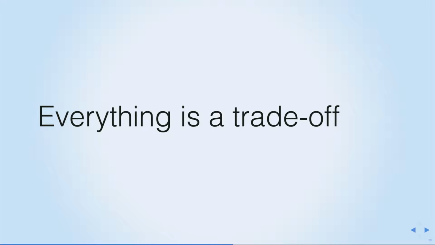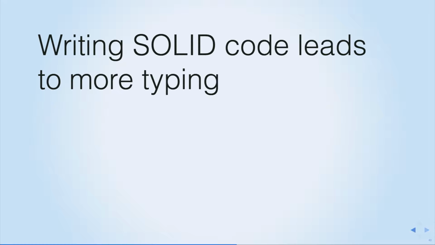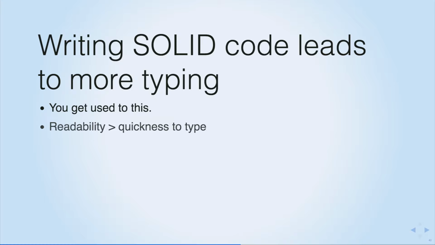So as a warning, writing solid code does lead to a lot more typing. Yeah, you have to physically type out more letters on your keyboard, and there will be more classes. The main piece of advice I can say is you get used to this, and I'm not sure that I've met anybody that's started writing more solid code who's actually regretted having to type out more characters.